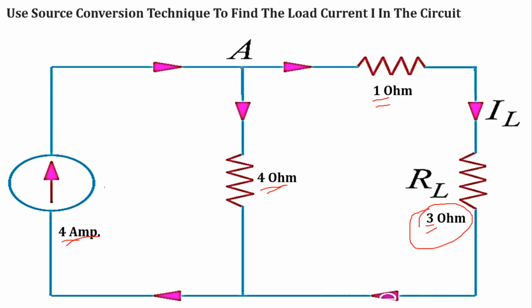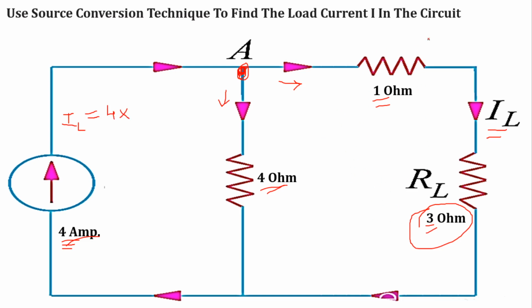So we can use a simple current divider rule at this point, because this total current has been divided into 2 parts, first one and second one. So I can simply use the current divider rule to find out the current IL from this 4 ampere. So let's suppose IL is equal to the total current which is 4 ampere multiplied by the resistance which is in parallel with this branch.